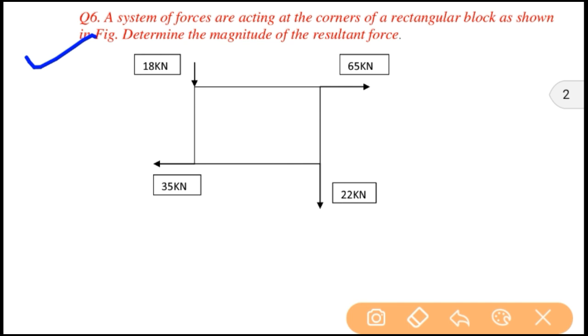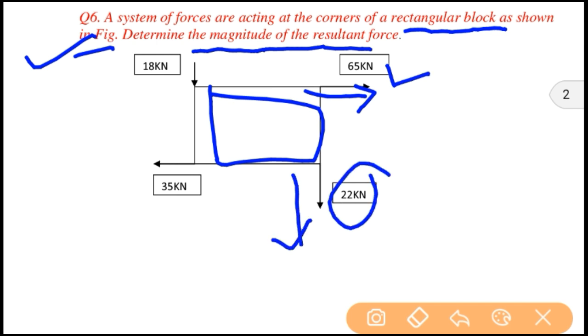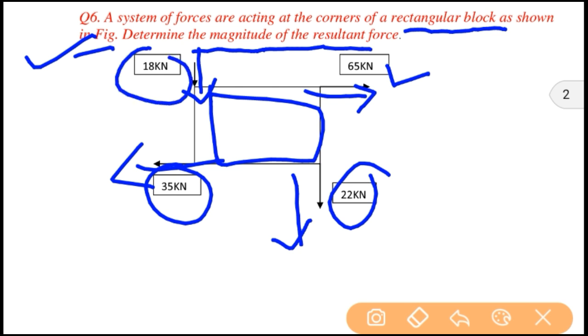In the next question, a system of forces is acting at the corners of a rectangular block as shown in the figure. Determine the magnitude of the resultant force. Here we have a rectangular block and 4 forces acting: one force of 65 kilonewton, a downward 22 kilonewton, on this side 35 kilonewton, and also a downward 18 kilonewton.